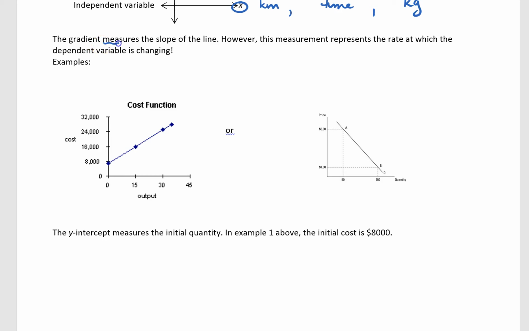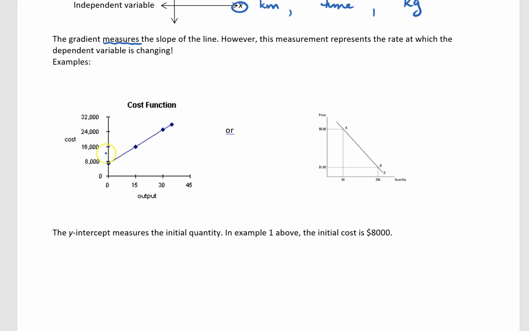What is the gradient measuring? The answer is not rise over run. That is how you calculate gradient. But what does the gradient measure or represent is going to require a sentence answer.